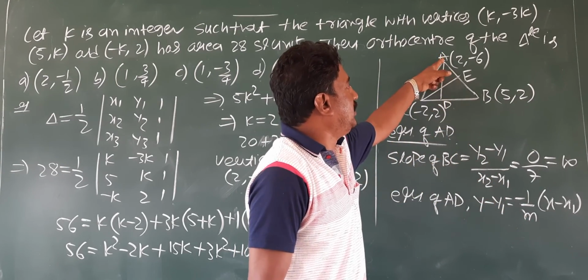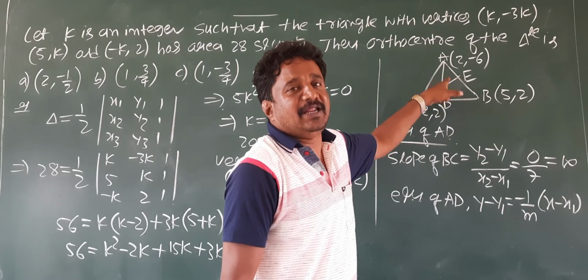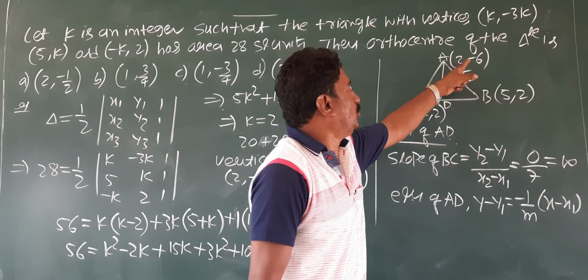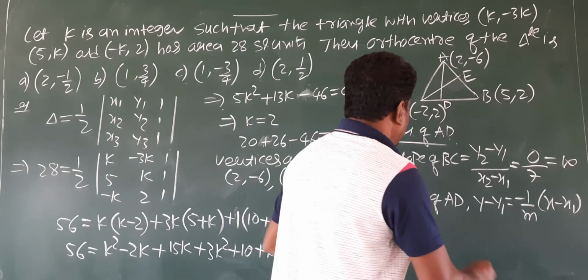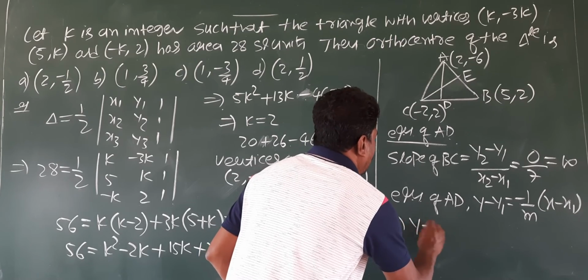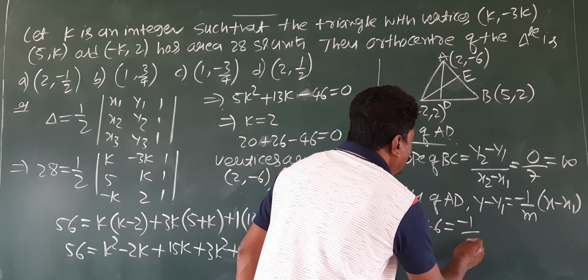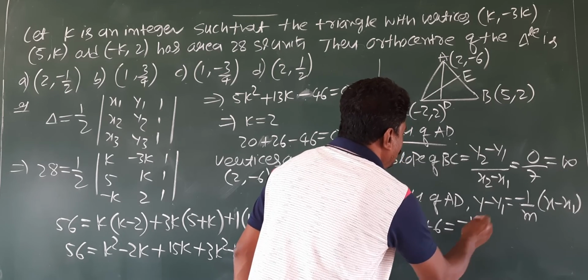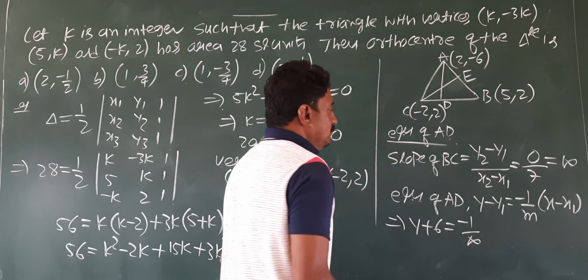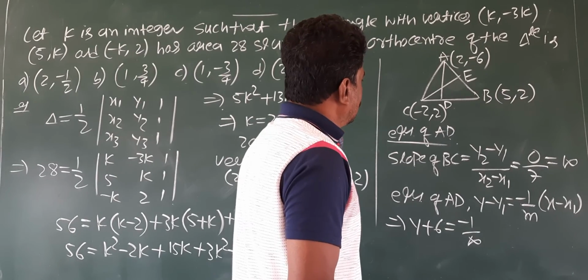We already have a point on the line AD, point A 2 comma minus 6, so use that. That implies y plus 6 equals minus 1 by m.